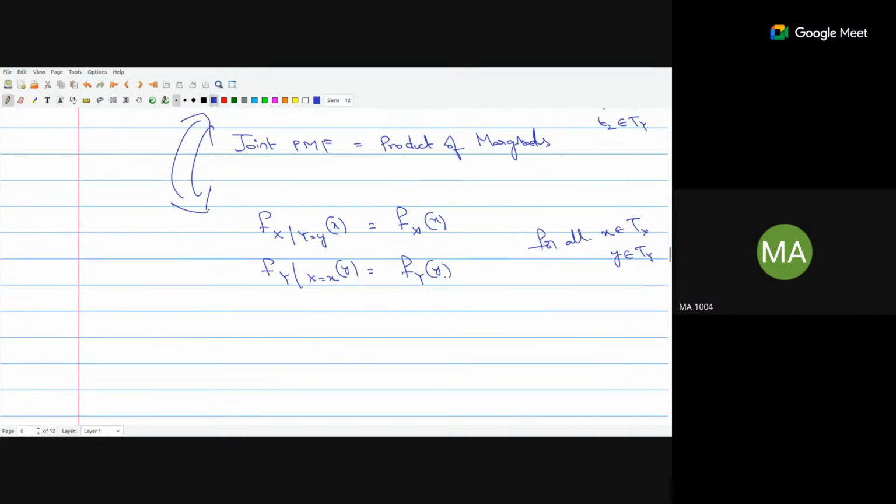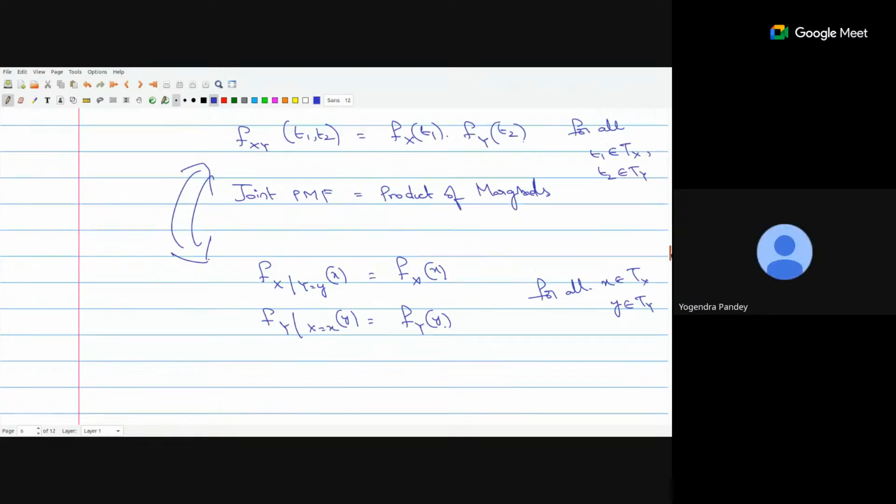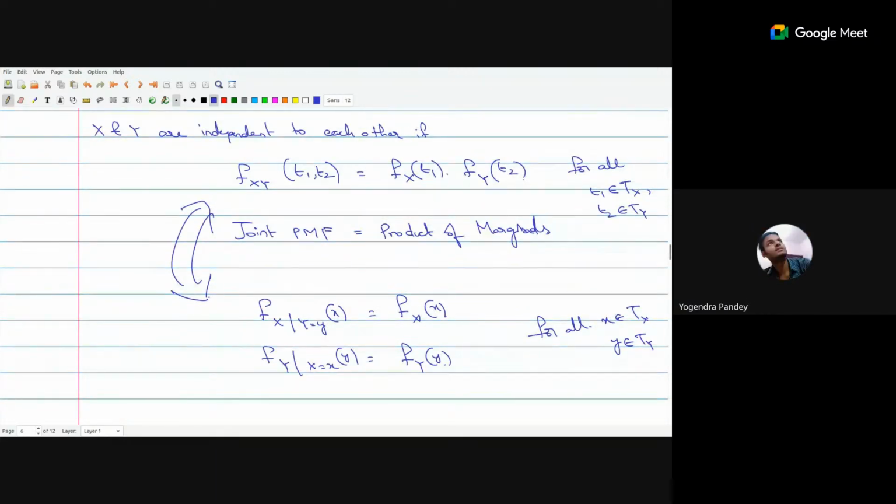If this holds true, then also we say X and Y are independent.